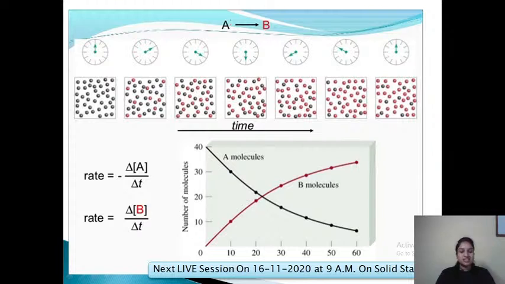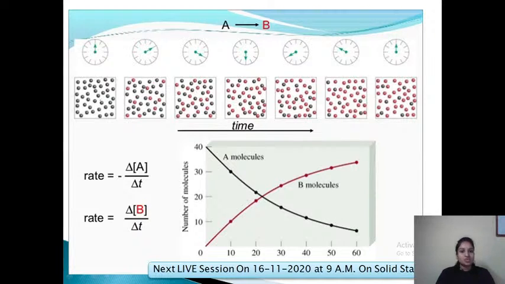Now, let us take A as the reactant and B as the product. Here it has been marked that A are the black color molecules and B are the red color molecules, that are the products. Here you can see the time clock.